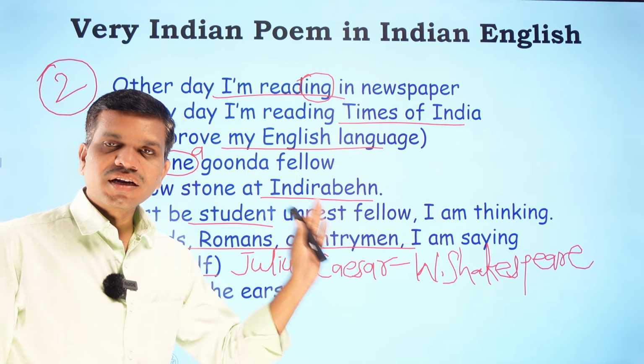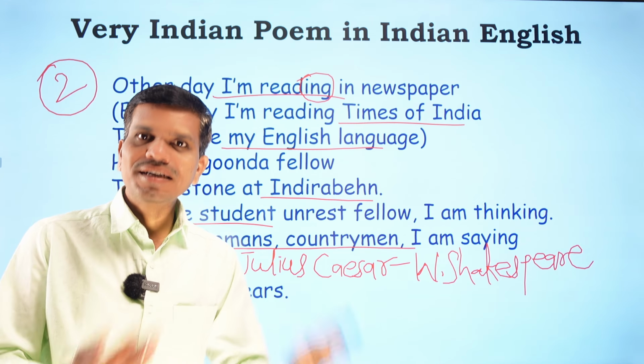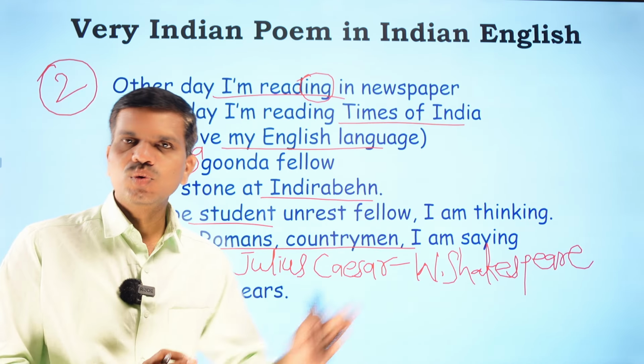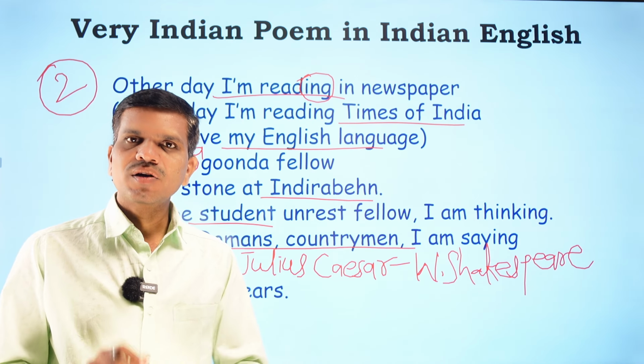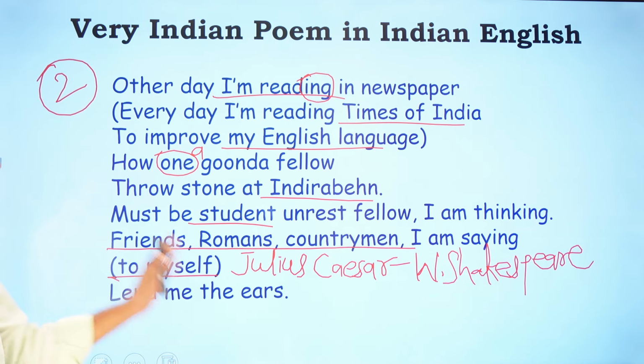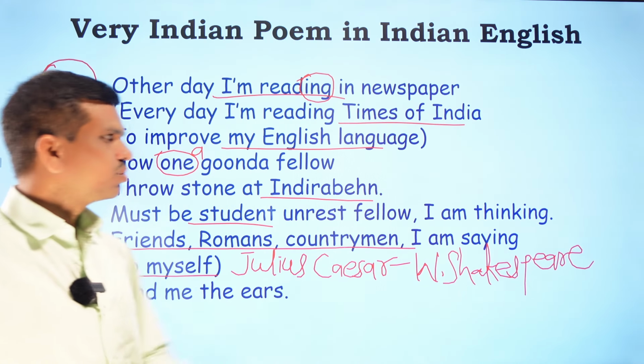Now this refers to the poet saying to all Indians, to all people around the world, that we should follow the principles of Mahatma Gandhi or the ancient Indian wisdom, and hence he uses here friends, Romans, countrymen, a phrase from Julius Caesar by William Shakespeare.